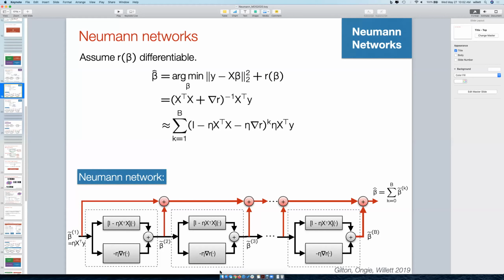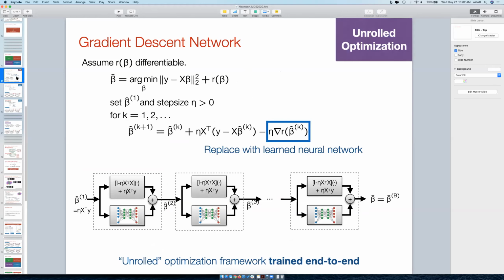There are other methods besides, so for instance, if instead of doing a gradient descent network, I had said I'm going to start with a proximal gradient algorithm and train that end to end, and people have done that, then I believe what you end up learning is the regularizer itself. So depending on your starting point, the thing that's actually represented by the neural network can be different. And in fact, one of the reasons that we focused on the gradient.